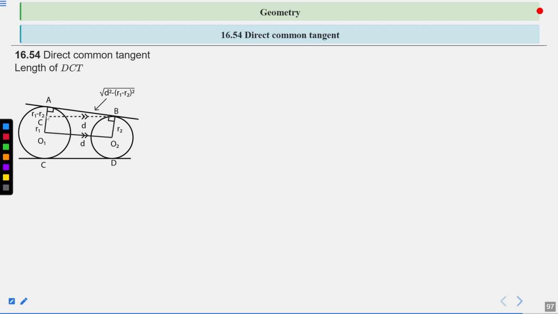This is AB. Let the distance between their centers O1 and O2 be D. With radii R1 and R2, we need to calculate the length of AB.